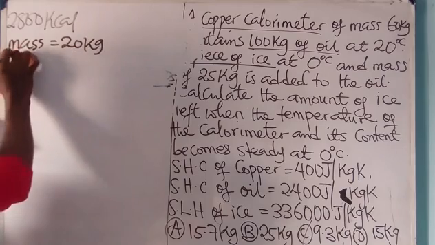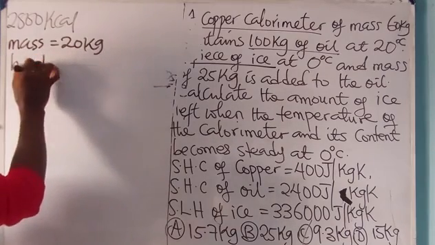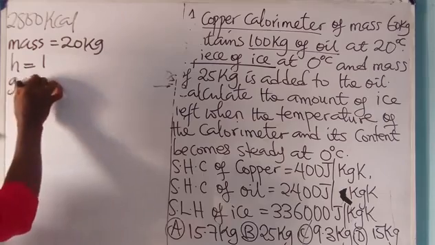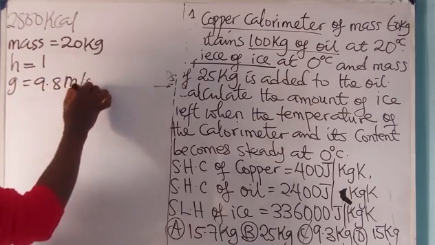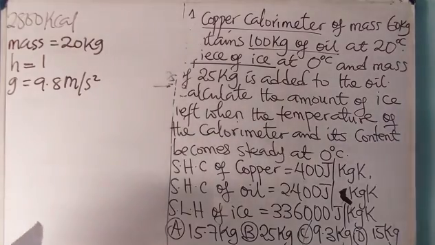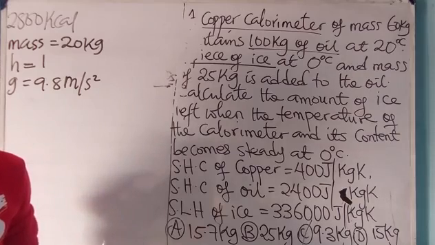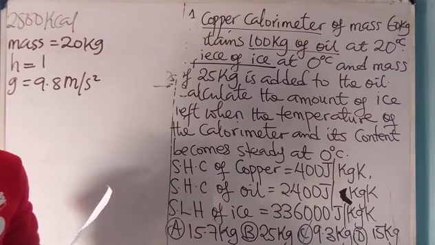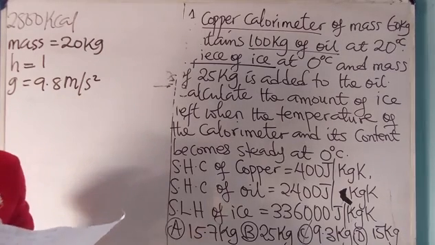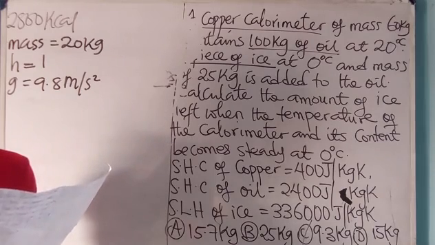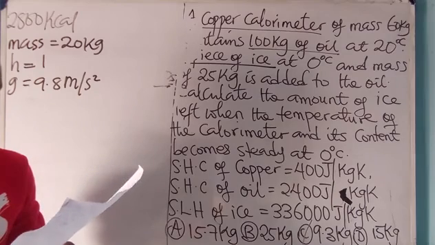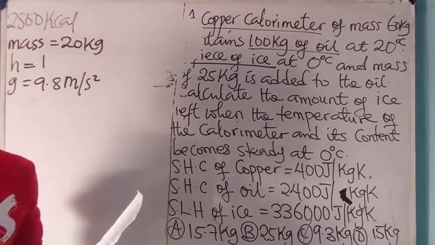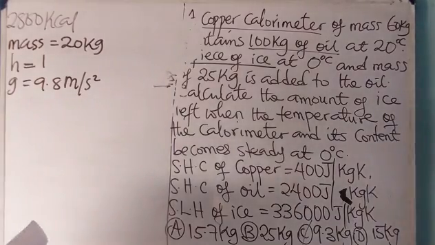Then distance h is equals 1. They gave us g to be 9.8 meter per second squared. Let me repeat the question again. A student eats a Thanksgiving dinner that totaled 2,800 kilocalorie. He wants to use up all the energy by lifting a 20 kilogram mass a distance of 1.0 meter. How many times must he lift the mass?